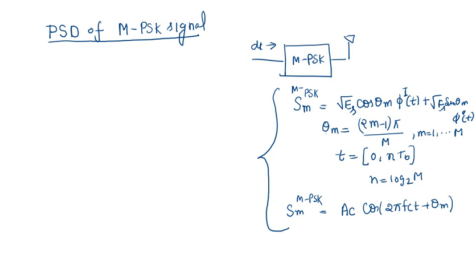So this is the representation of the signaling basis function, and this helps us to realize the constellation diagram. This is theta 1, this is theta 2, this is theta 3, and this is theta 4.